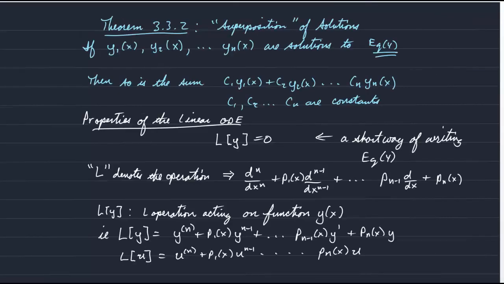So let's look at an example of a superposition of solutions. The equation we're asked to solve, and Greenberg includes this example, is y double prime minus 9y is equal to 0.